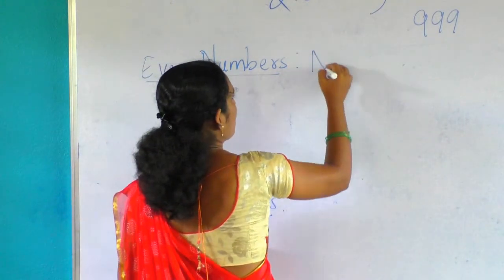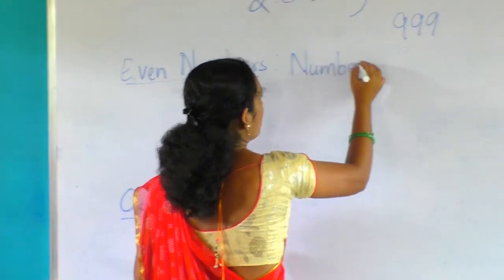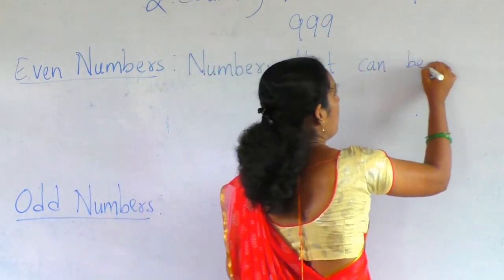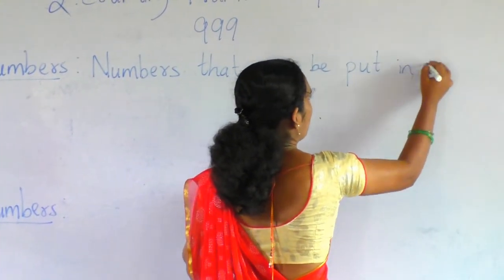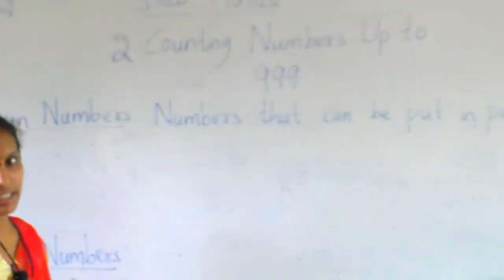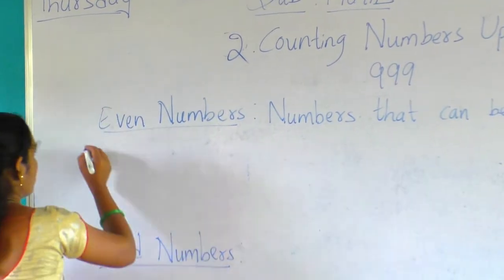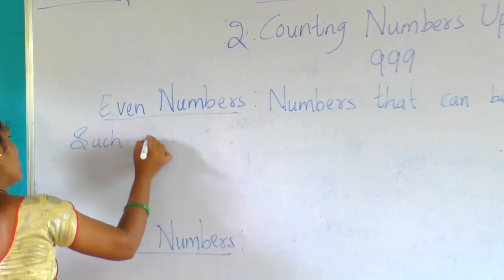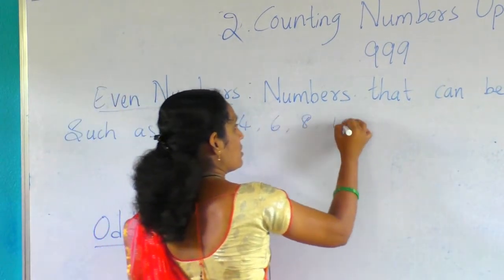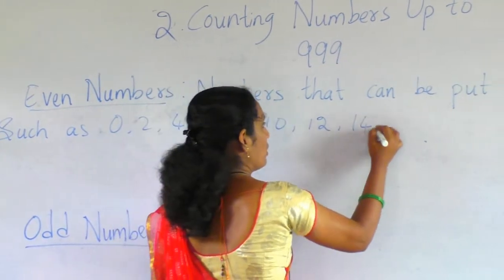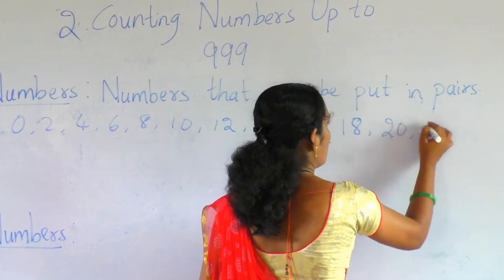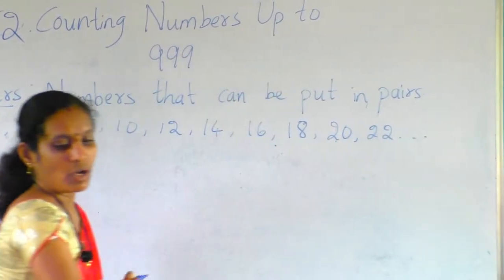Even numbers, numbers that can be put in pairs are called even numbers, such as 8, 10, 12, 14, 16, 18, 20, 22, and so on.